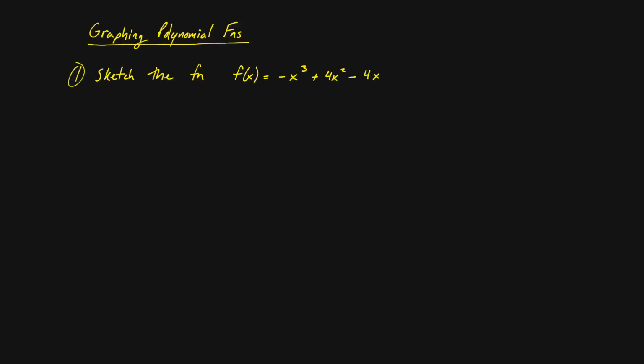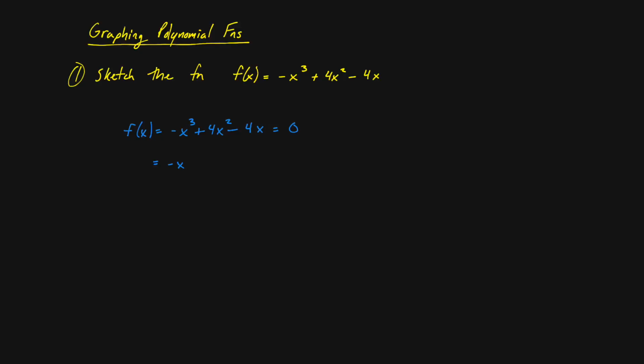Alright, so let's break this down. The first thing I'm going to do is look at f of x equal to negative x cubed plus 4x squared minus 4x. We're looking for where it crosses the x-axis, making sure this whole thing equals 0. So where does that happen? The first thing I'm going to do is factor out x, a common term.